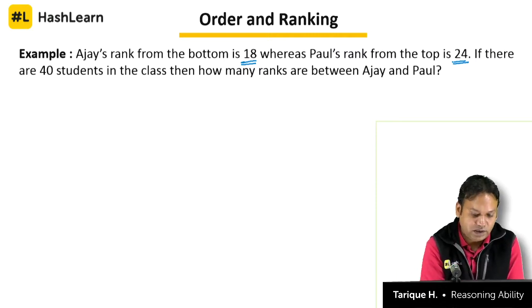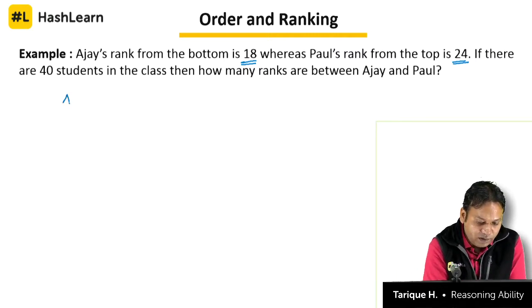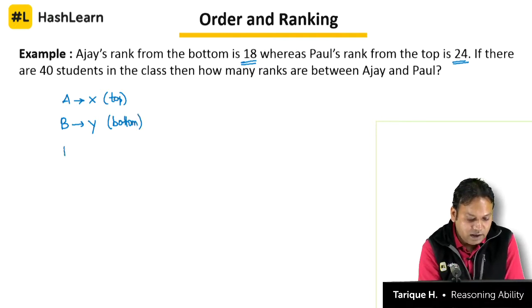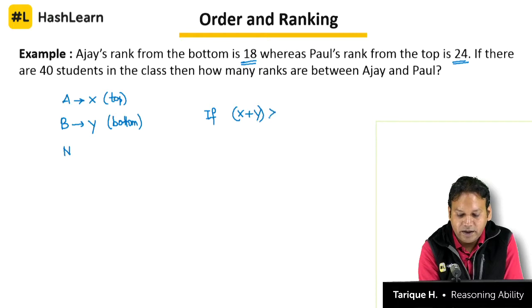Again, let's look at this question here. When the rank of one person A from the top is given to you as X, and the rank of another person B from the bottom is given to you as Y, we have discussed this earlier, I am just giving you a revision of it. And N is the number of students. If X plus Y is greater than N, then what is the formula for the number of ranks between A and B?